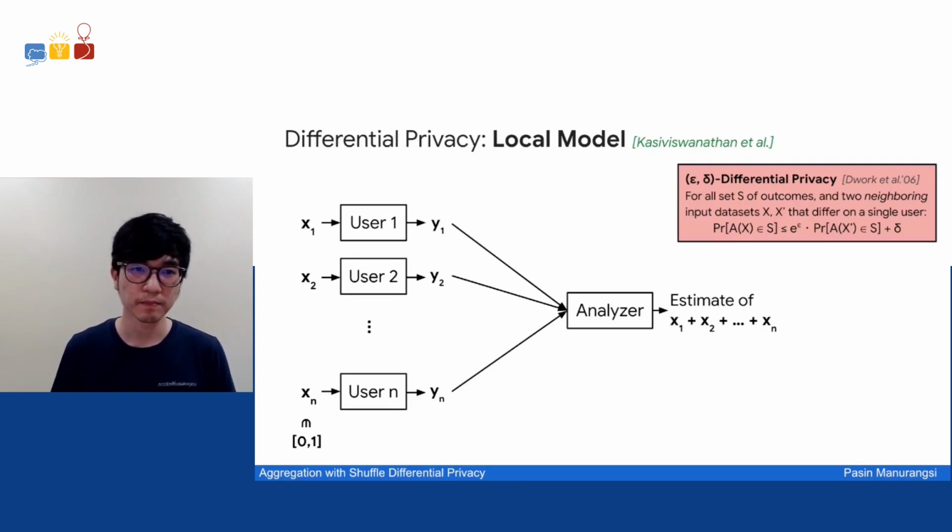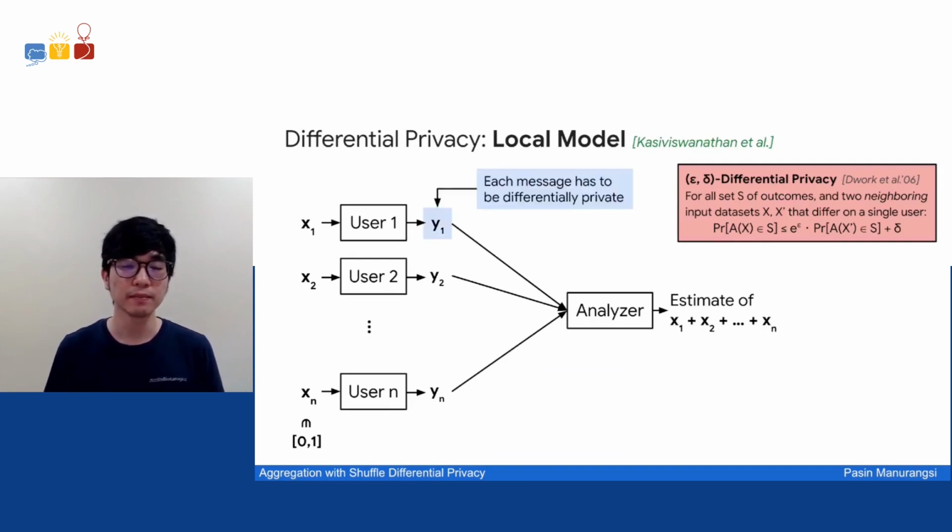In this model, you take the algorithm of each user that produces the message to be the algorithm, and that's the scope you would like to protect. And you are requiring that each yi be differentially private. And note that this is great in terms of trust, because everything that the user is sending to the analyzer is already differentially private.